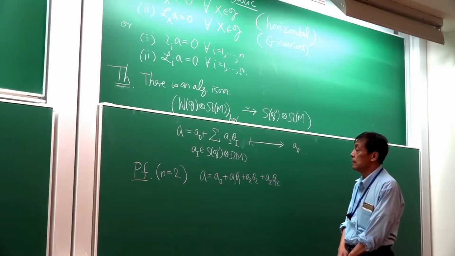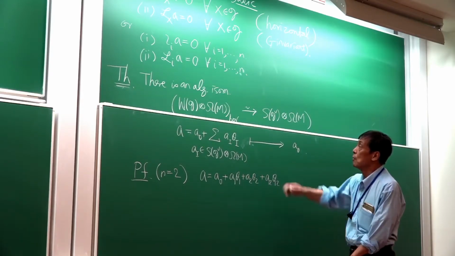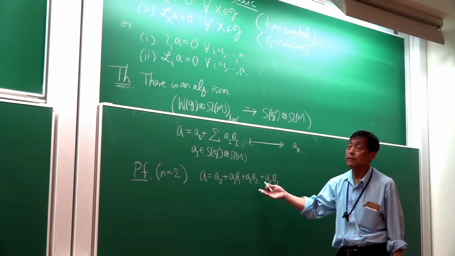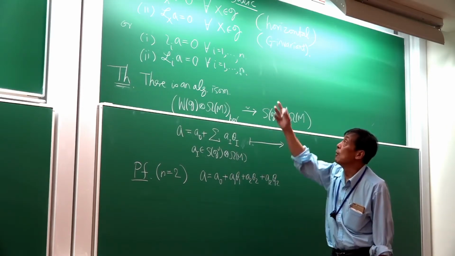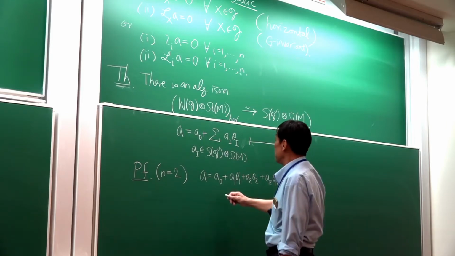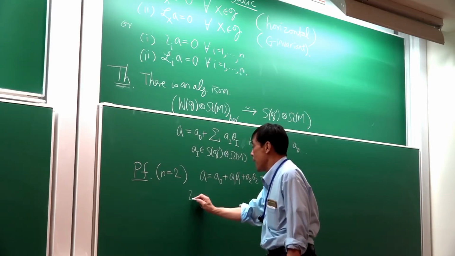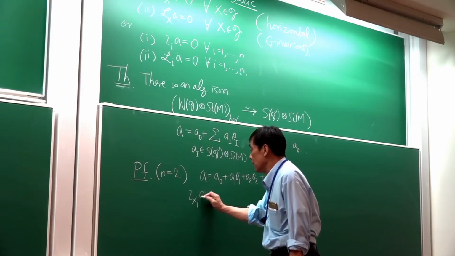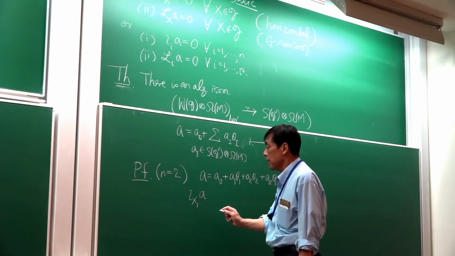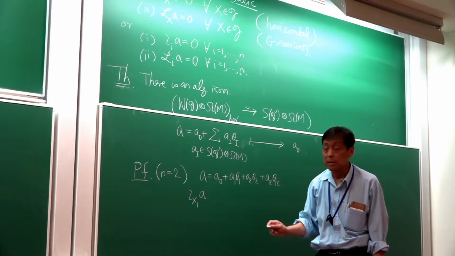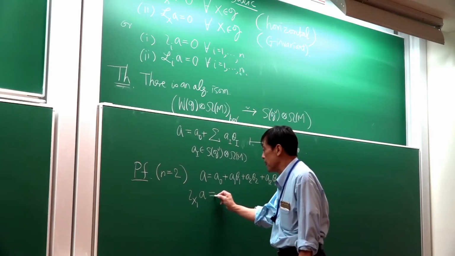And so we want to know when this is horizontal. So that means we want to apply Ix1 to it. So Ix1 of A should be equal to 0.